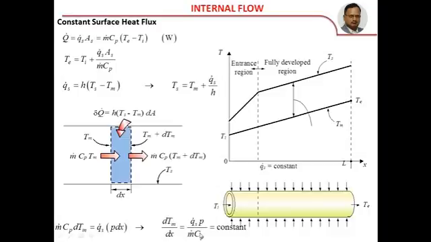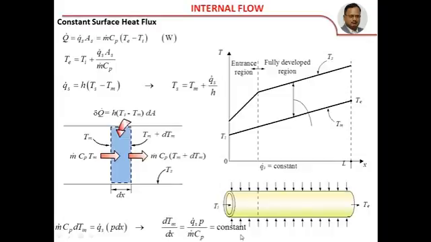So from this we can immediately say dTm by dx is equal to Q dot S times p by m dot Cp. Heat flux is constant, perimeter is constant, mass flow rate is constant, Cp is constant, therefore it is constant.